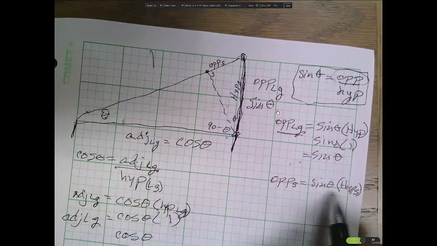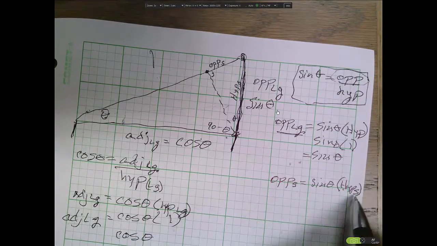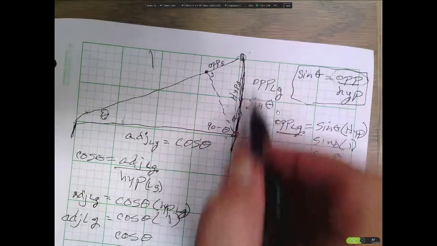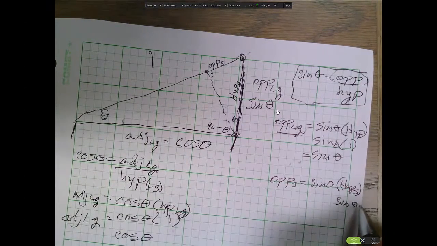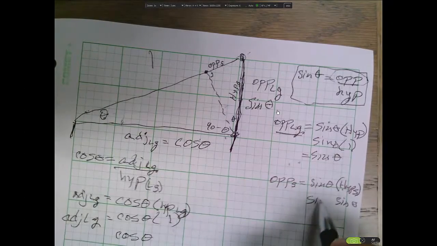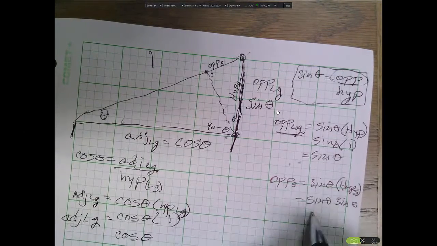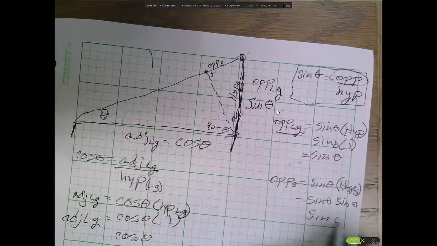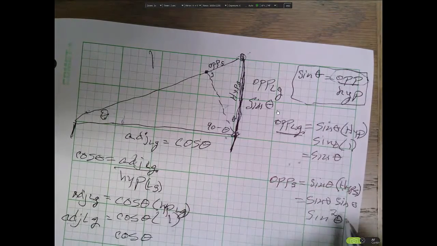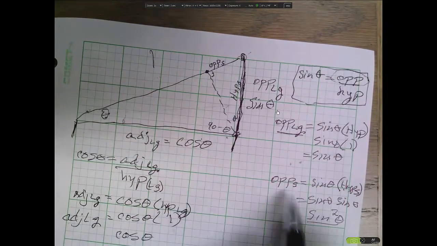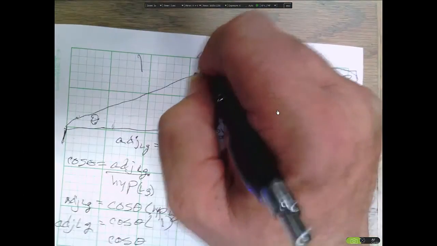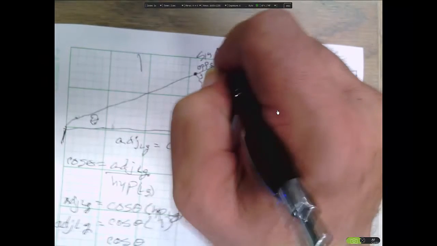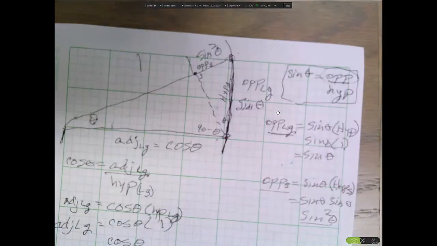So let's fill in the value here. Hypotenuse sub small has a symbolic value of sine of theta, times the sine of theta is sine of theta quantity squared. So this symbolism and this symbolism being the same, that's the reason why I can write sine of theta quantity squared for the length of that line segment.